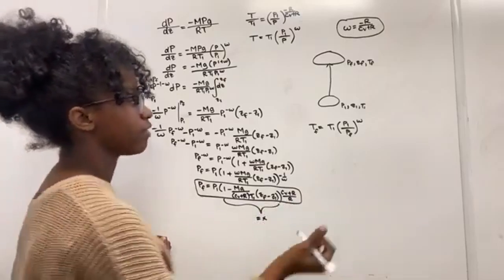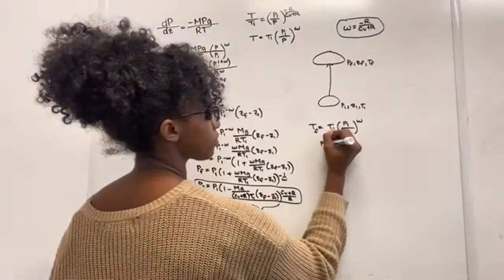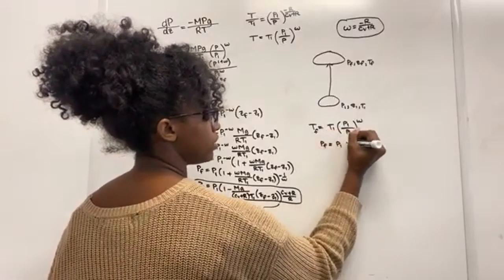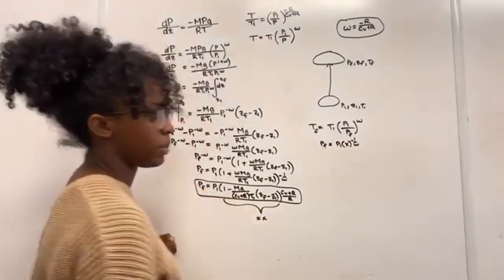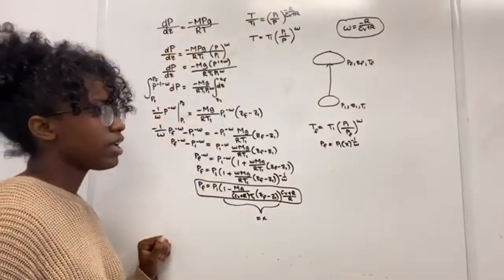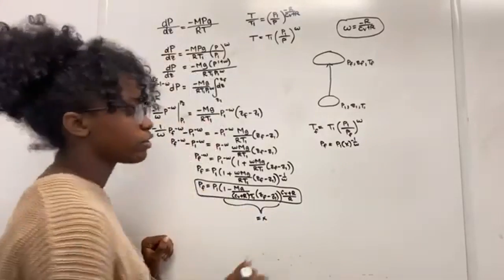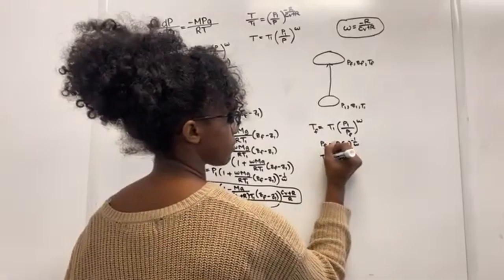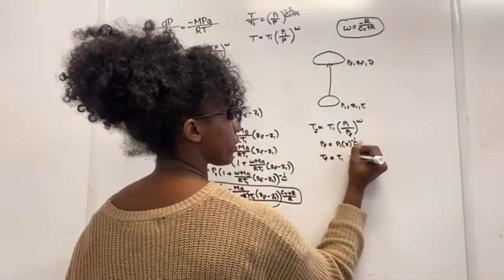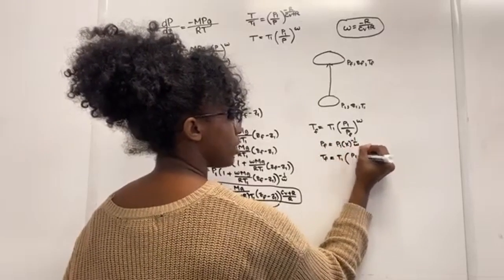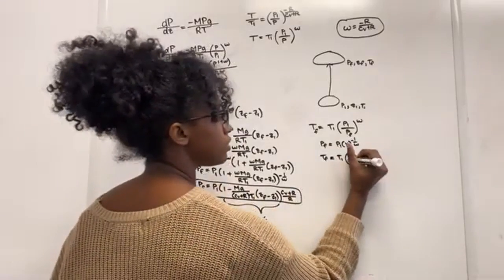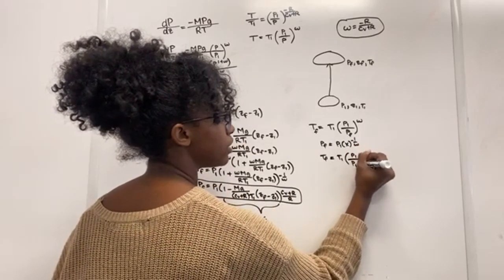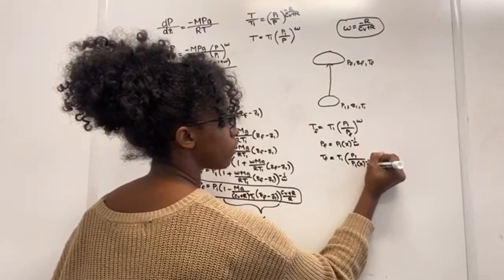So PF will be equal to P1 times X to the -1 over omega. And so if we plug this into our final temperature equation, this gives us TF is equal to T1 times P1 divided by P1 times X to the -1 over omega.